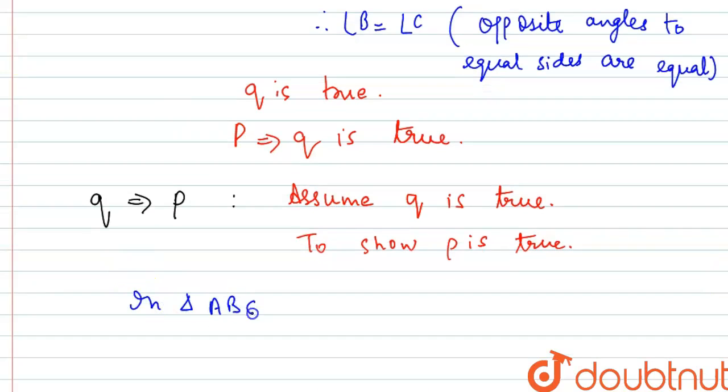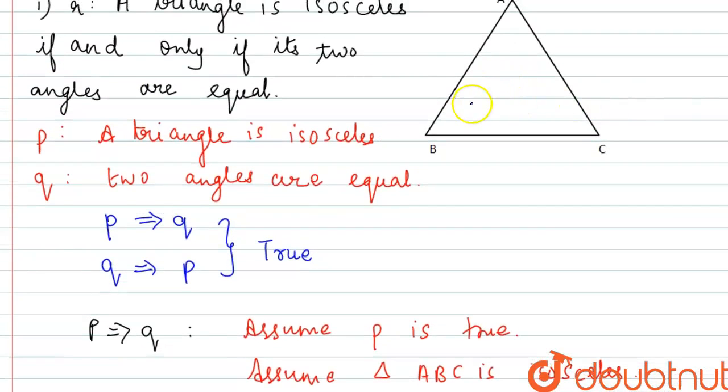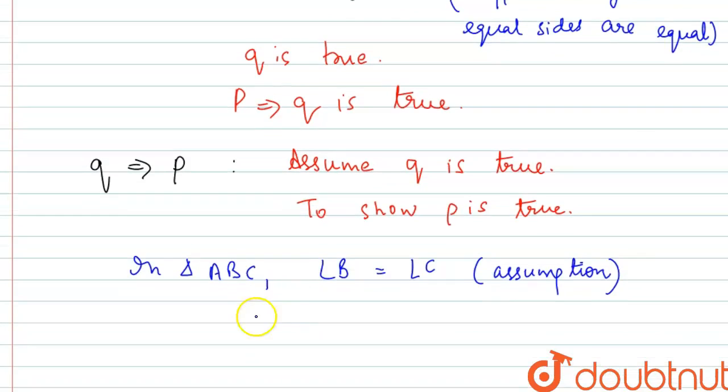So Q statement is that two angles are equal. So we'll assume that angle B is equal to angle C. This is an assumption. So when two angles are equal, the sides opposite to equal angles will be equal. So AB will become equal to AC. So we can write, therefore, AB is equal to AC.